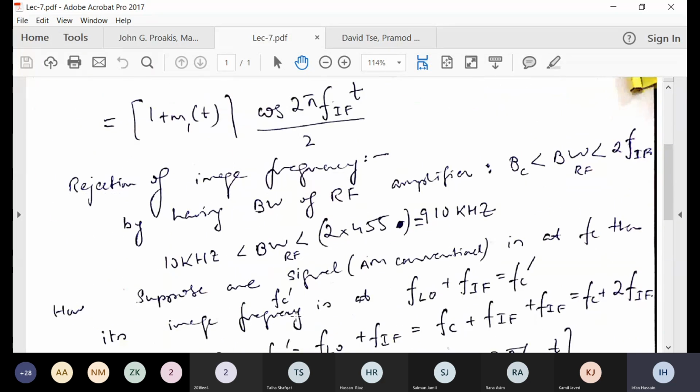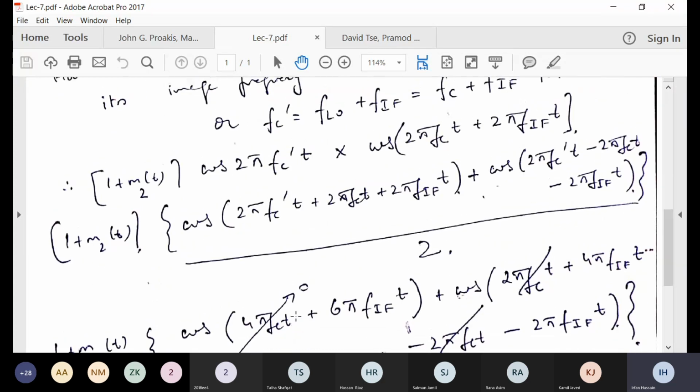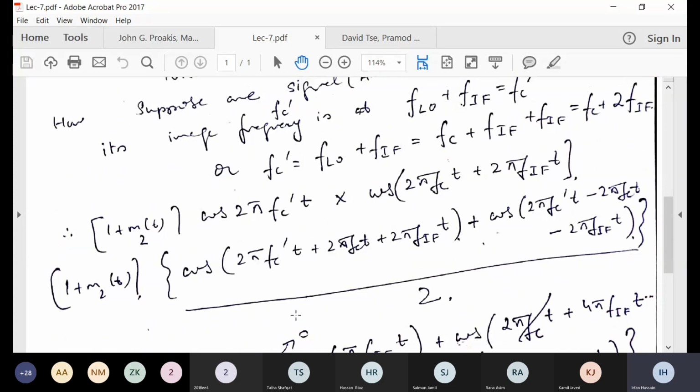So it is 1 plus M2T cos 2 pi FC dash, which is FC plus 2IF, multiplied with the same signal, the local oscillator LO frequency, and this multiplication is again written as sum and difference of cosines. So FC dash is equal to FC plus 2IF.